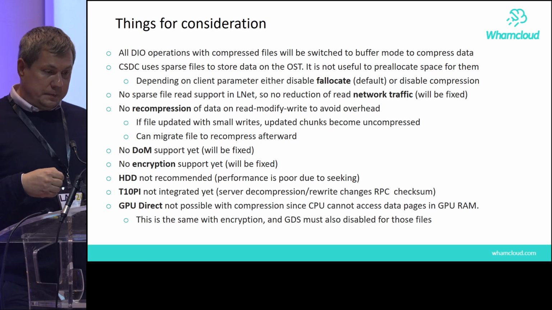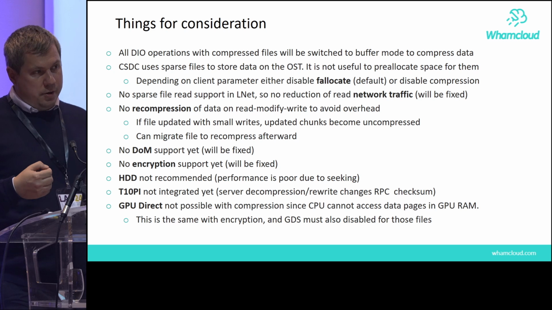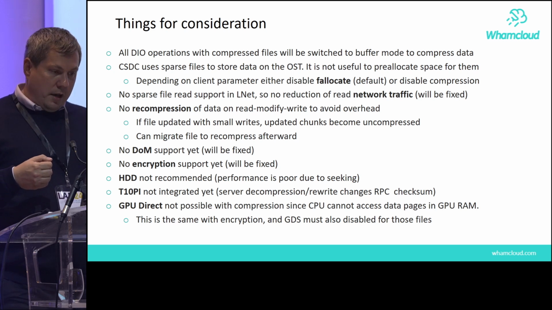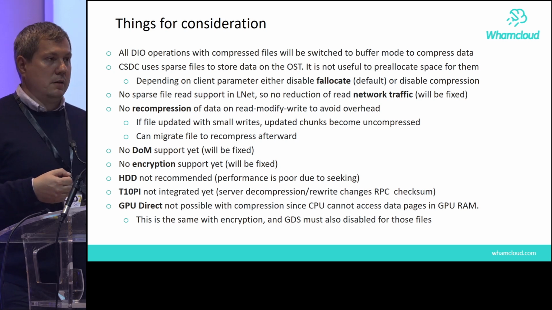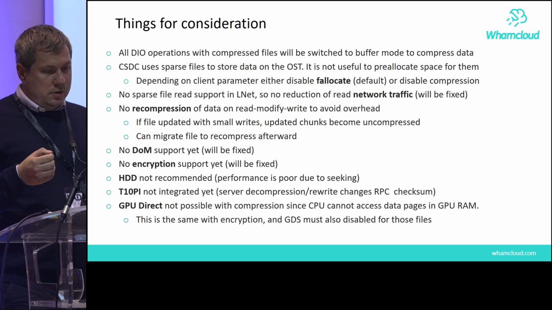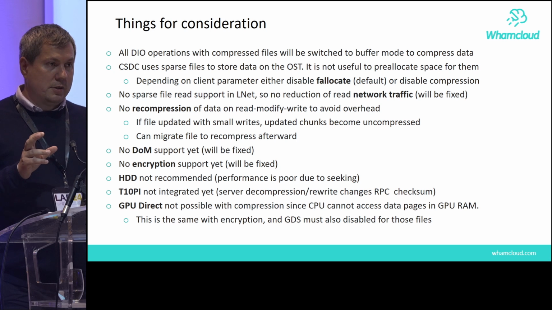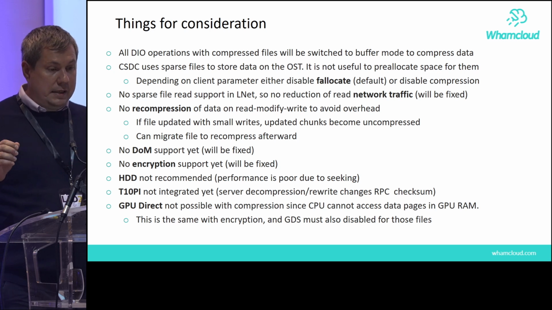And right now, if somebody uses direct I/O with compression, then the I/O is switched to buffered operation. Also, client-side data compression uses sparse files. Finally, we have holes on the OST.